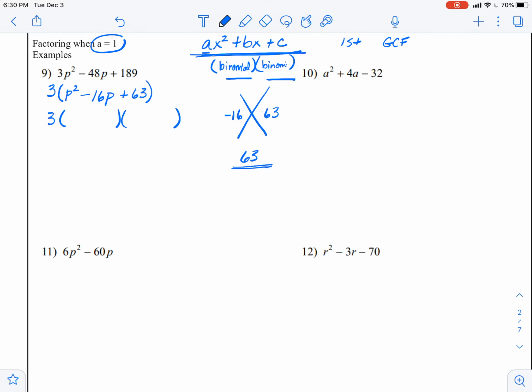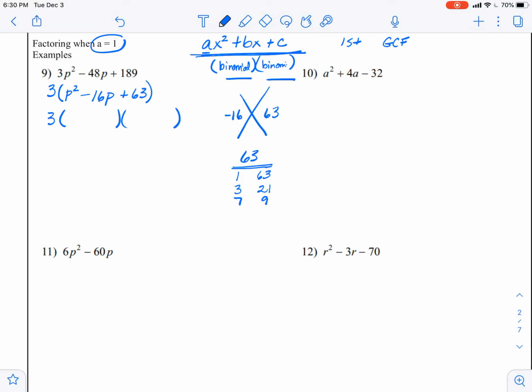So when I start going through there, it would be 1 and 63. I definitely know that doesn't work. 2's not going to go in there. 3 would be 21. 4 won't go in there. 5 won't go into 63. 6 won't go into 63. 7, will 7 go into 63? Is that 9? So 7 and 9 is 63.